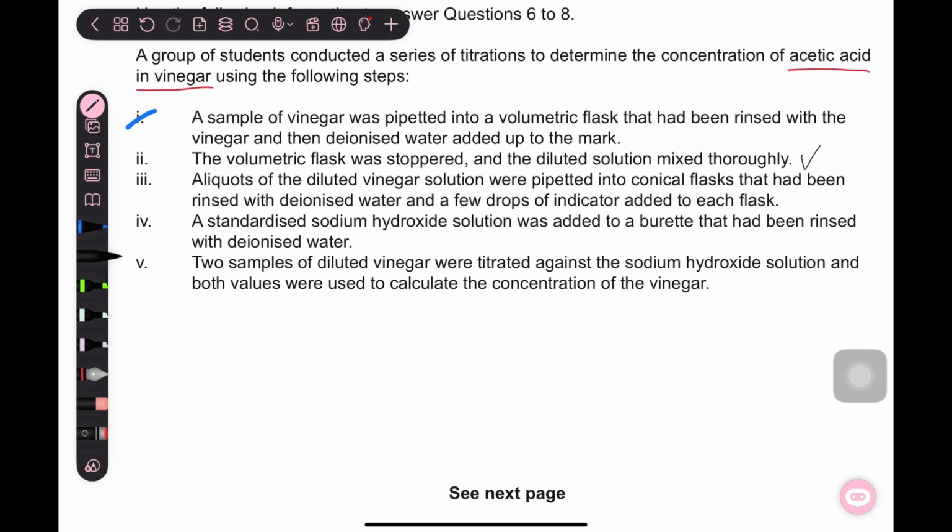Okay, part 3: aliquots of the diluted vinegar were pipetted into conical flasks that were rinsed with deionized water, and a few drops of indicator were added. I'm going to consider this one, and I believe this is correct, because we can rinse the conical flasks with deionized water, and there's no problem with adding a few drops of indicator.